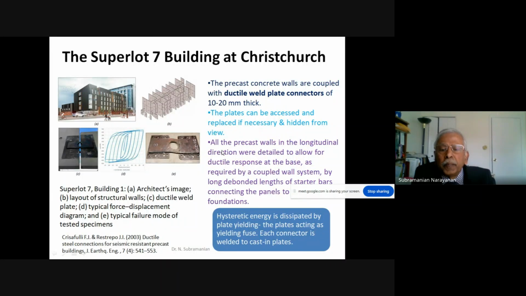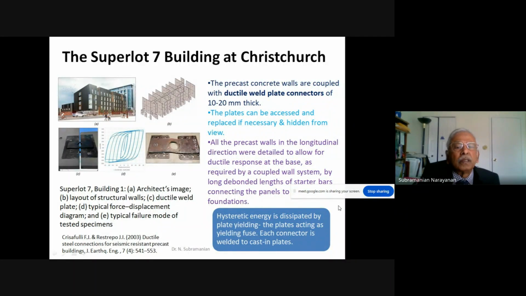All the precast walls in the longitudinal direction were detailed to allow for ductile response at the base, as required by a coupled wall system, by a long debonded length of starter bars connecting the panels to the foundation. Hysteretic energy is dissipated by plate yielding like this, the plates acting as yielding fuses. Each connector is welded to the cast-in plates.